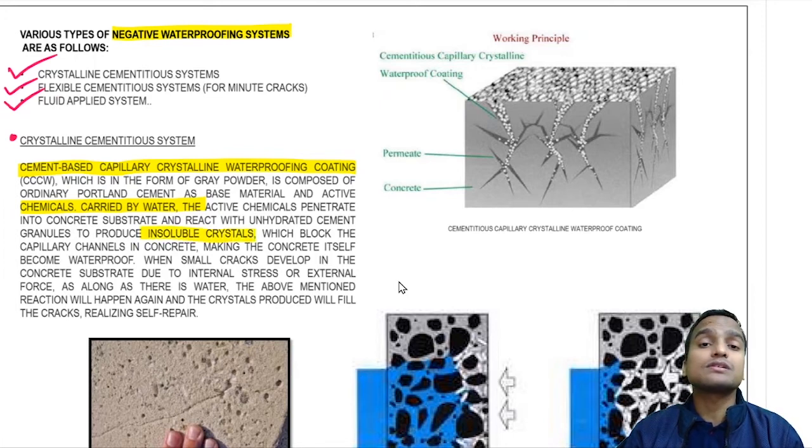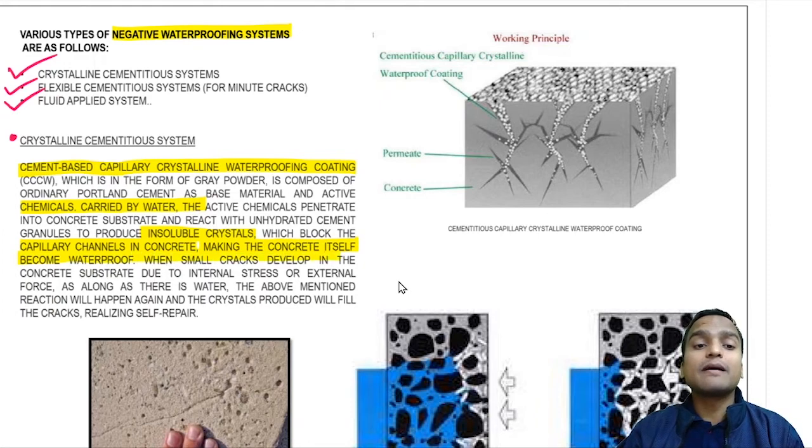Now these crystals formed by reacting with unhydrated cement granules are insoluble. They completely repel the water, blocking the capillary channels in concrete. Now the capillary action in the concrete, if it is porous, will be blocked, making the concrete itself waterproof.